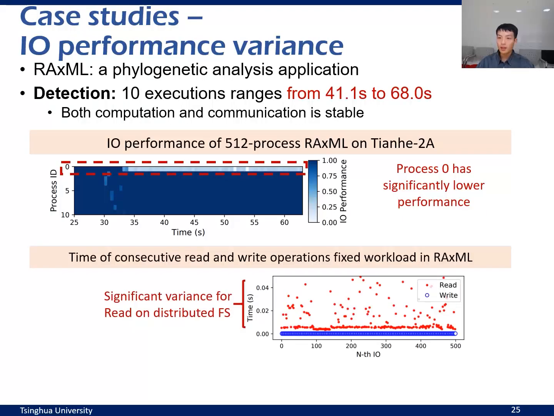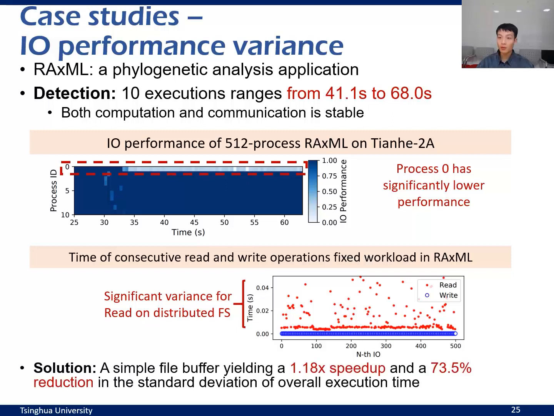Detailed collected data shows its read operations have significant variance on the distributed file system. By adding a new simple file buffer, we have a 1.18 times speedup and a 73% reduction in the standard deviation of overall execution time.